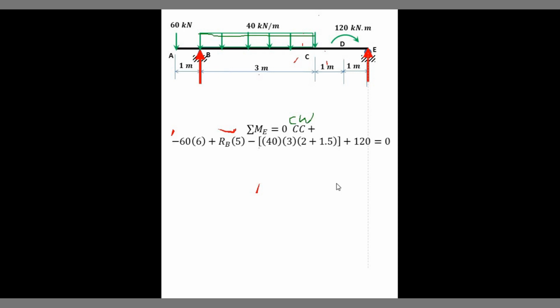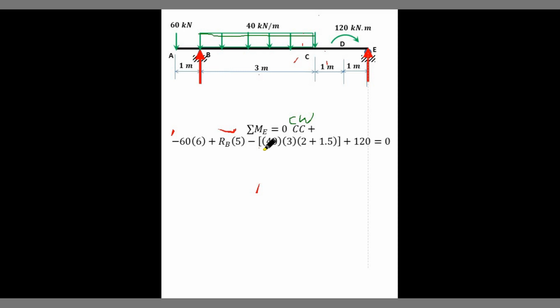So, 60. Itong 60 na to, kapag nag-moment kay point E, that is counterclockwise, RB will have a clockwise moment. And itong uniformly distributed load na ito, kapag nag-moment kay point E, that is counterclockwise, kaya negative. Now, itong nasa loob ng bracket, that is the uniformly distributed load.